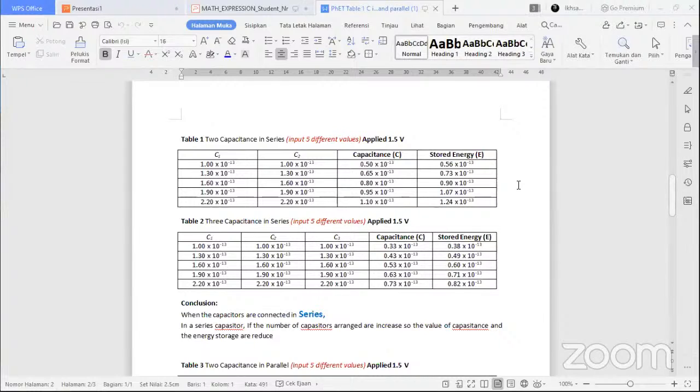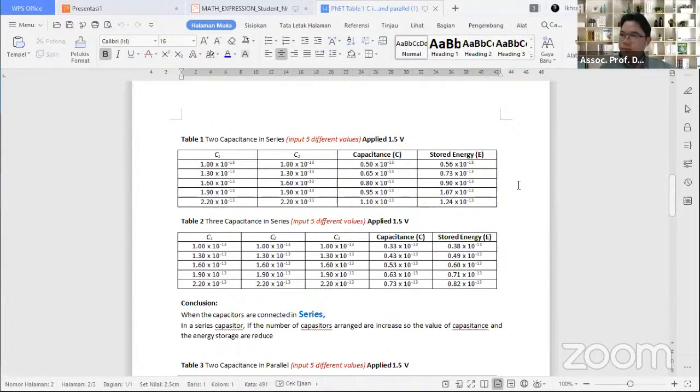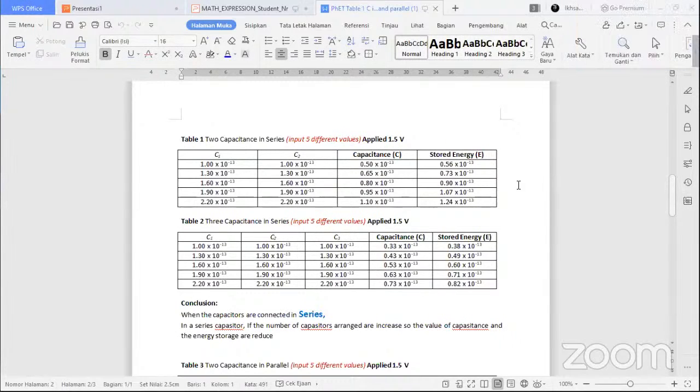In the first, we got 1 times 10 to the power minus 13, and the capacitance is 0.5 times 10 to the power minus 13. And the stored energy is 0.56 times 10 to the power minus 13.